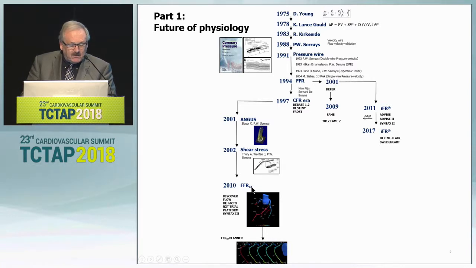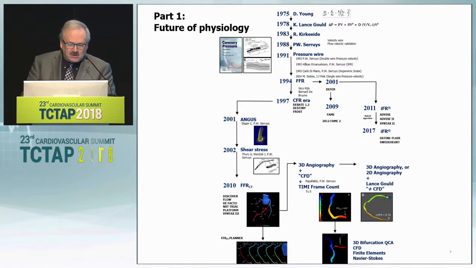And then another development, quite unexpected, is that suddenly the people of the conventional angiography say to themselves, we can also do a 3D angiography and then start the generation of 3D angiography with CFD, computational fluid dynamics. I must say, and I want to warn you, that there is a simple way to do, which is the Lance-Gould equation, and there is a difficult one, which is the technique of the Navier-Stokes.